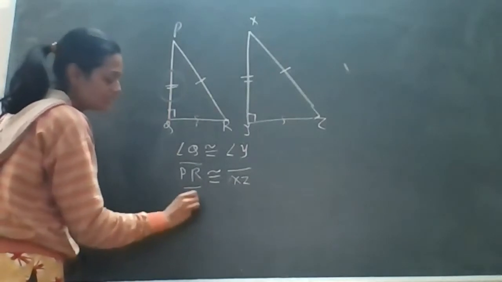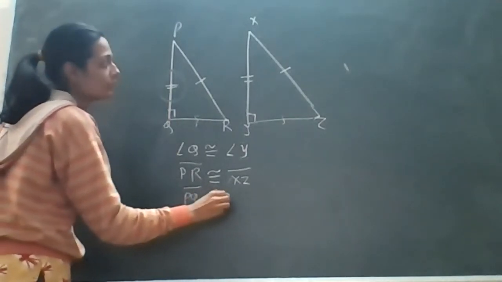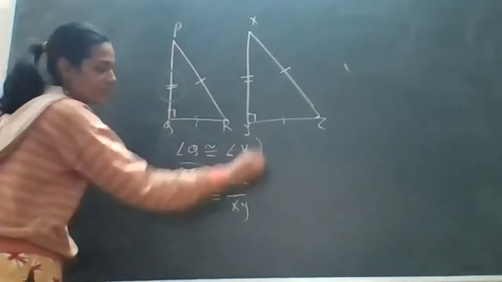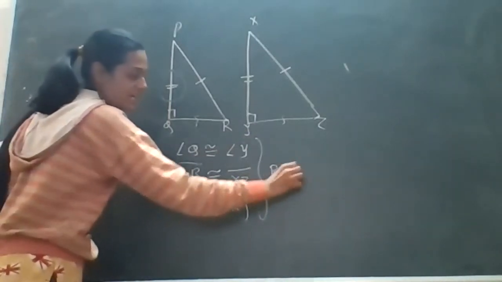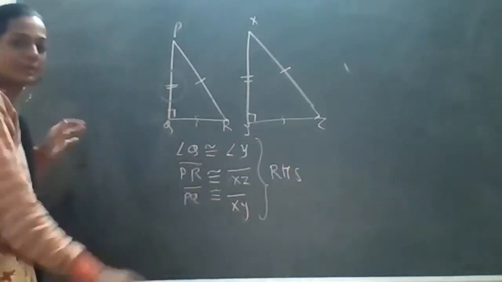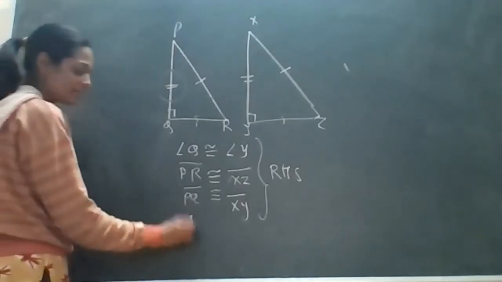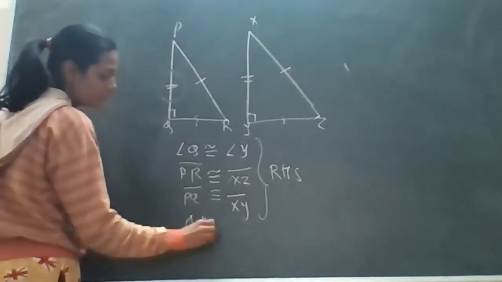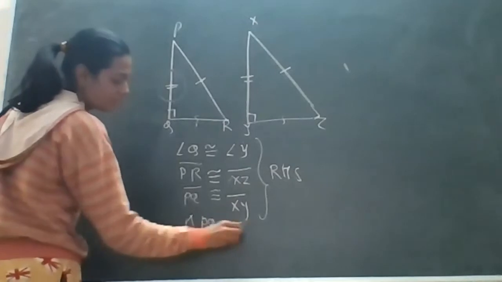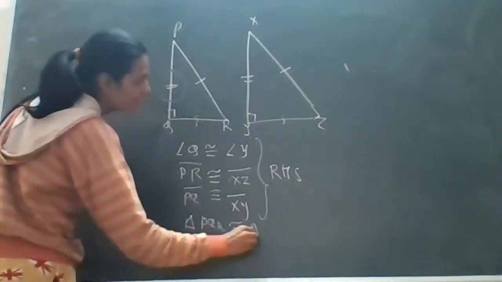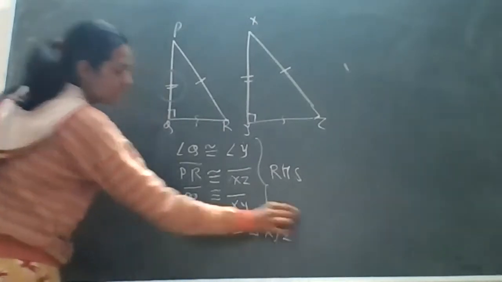Okay, so PQ is congruent to XY. So this will become your RHS criteria. And afterwards you can write that triangle PQR is congruent to triangle XYZ.